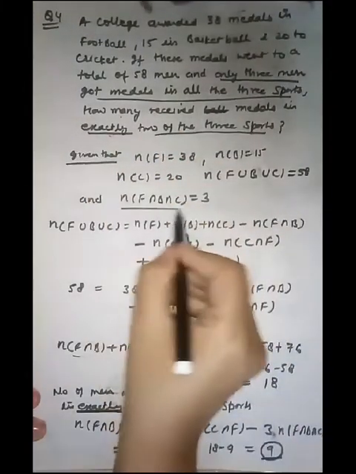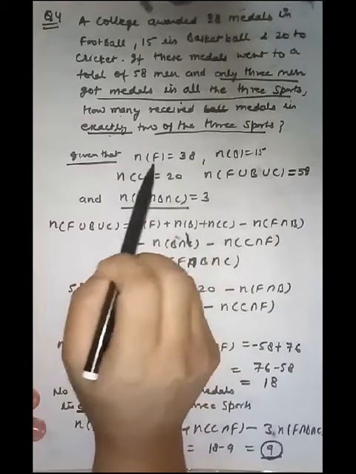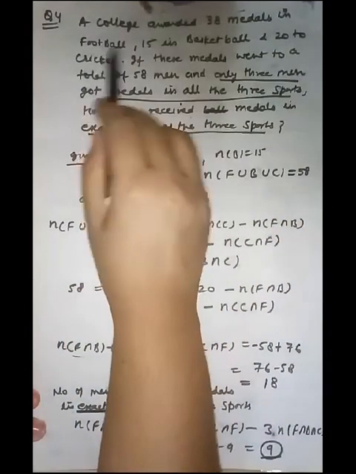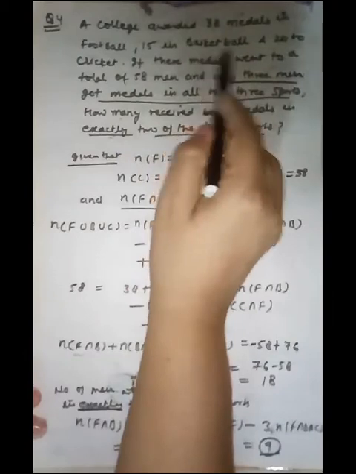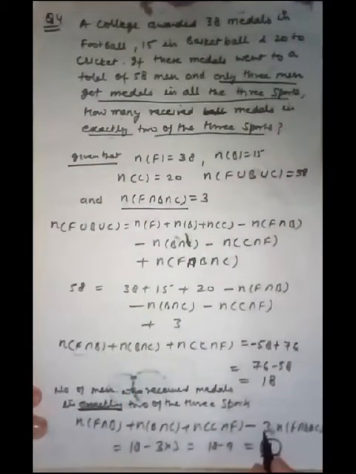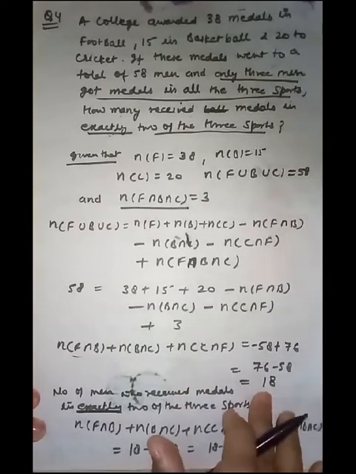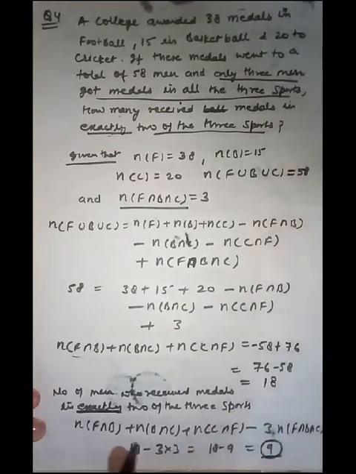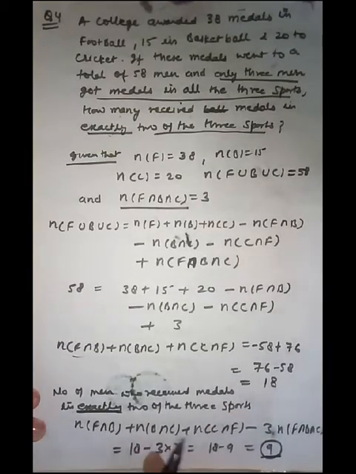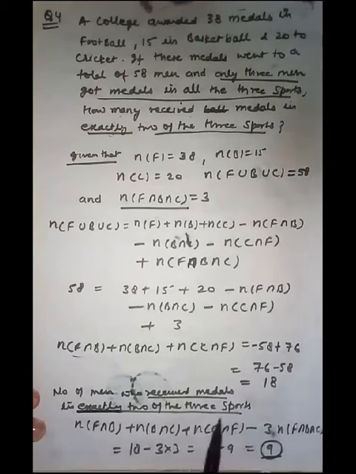Because there are three sports, football, basketball and cricket, I take 3 times the number of men who got medals in all three sports. Now subtract: 18 minus 3 times 3 comes to 9. So we got the number of men who received medals in exactly two of the three sports.